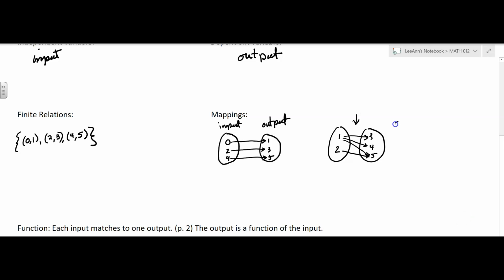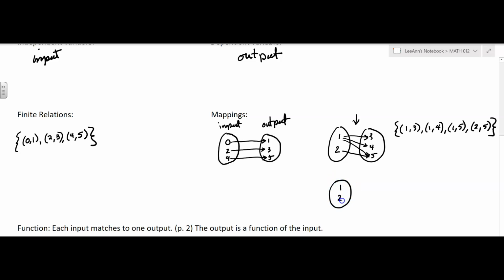And so you could write the set as the ordered pairs (1, 3), (1, 4), (1, 5), and finally (2, 5). That would be a finite set. There's 4 ordered pairs, and that would be a list then of the ordered pairs.